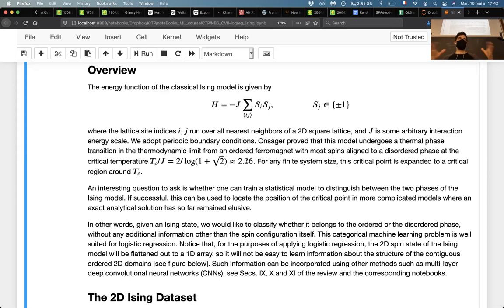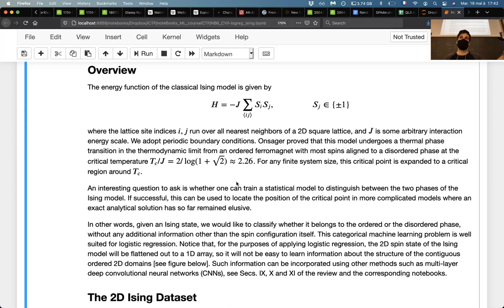And we will classify these configurations according to the Onsager criterion, which is that if we sample a configuration above this temperature, this configuration should correspond to a disordered state. While if we sample configurations below this temperature, we will label them as ordered.